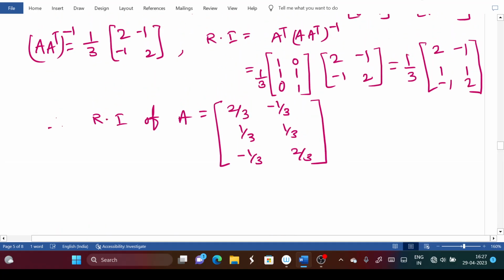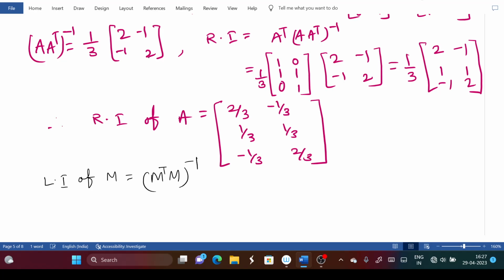Now there will not be any issue. What is left inverse? Left inverse formula is M transpose M whole inverse M transpose. Okay, let me write down that value. It is M transpose.